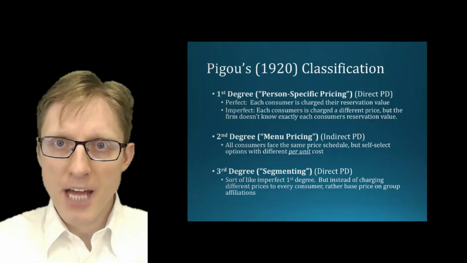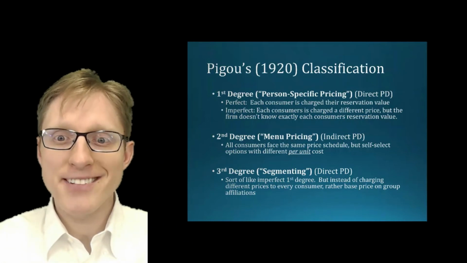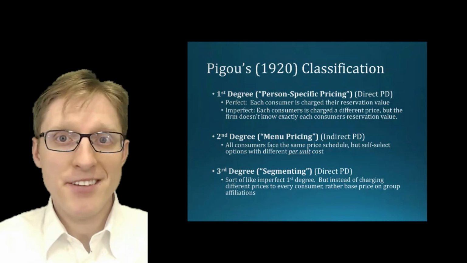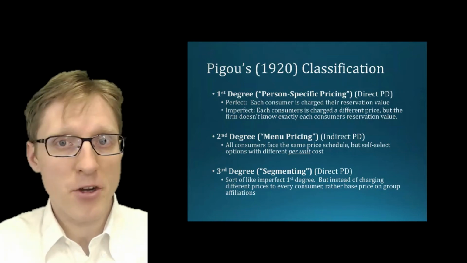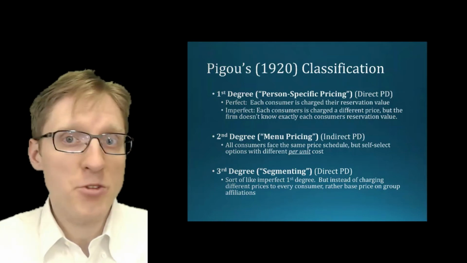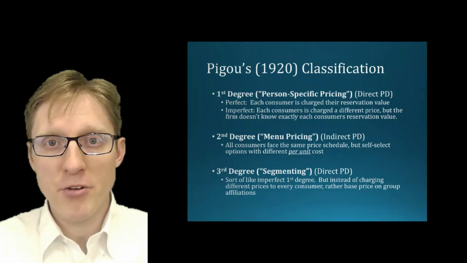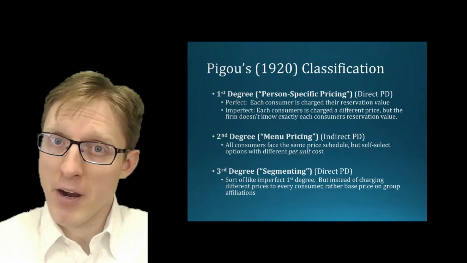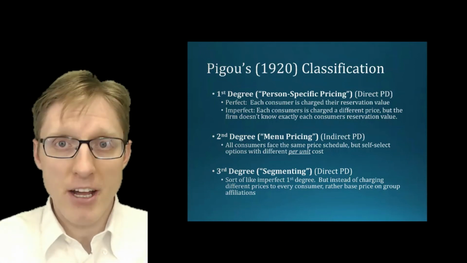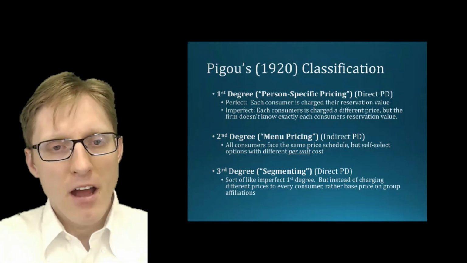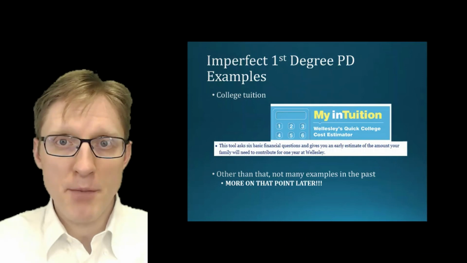Okay, so the second type of price discrimination that he talks about is second degree, which is basically the same thing as indirect price discrimination, either quantity or quality discounts or some sort of menu pricing. And the third type is third degree price discrimination, where they're not charging each person a different price, but they're charging easily identifiable groups.